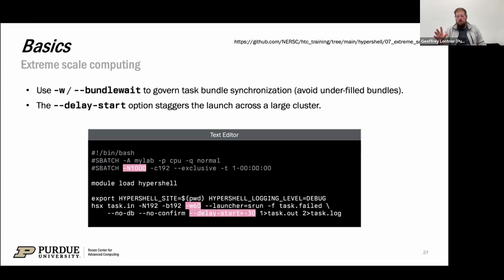Every single execution of the task is not communicating with the server. What's happening is not only that the clients are accepting tasks from the server and running them locally, but there's this notion of a bundle, which we used on the last exercise, but I didn't call it out explicitly.